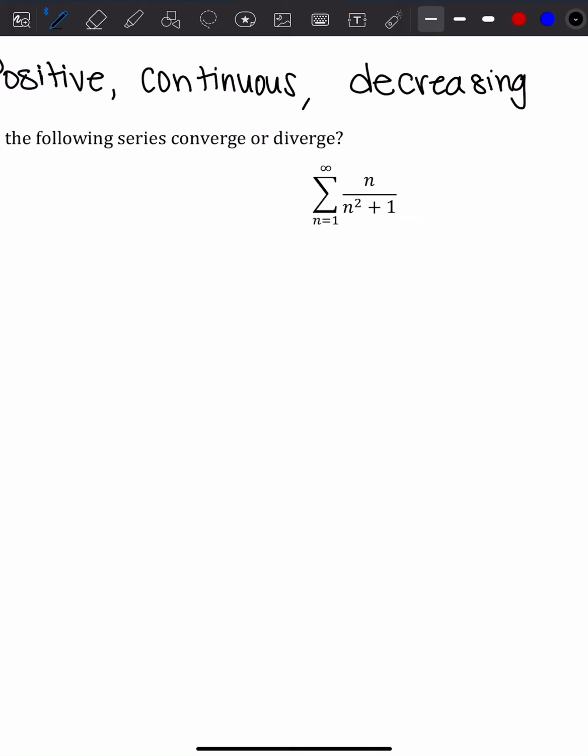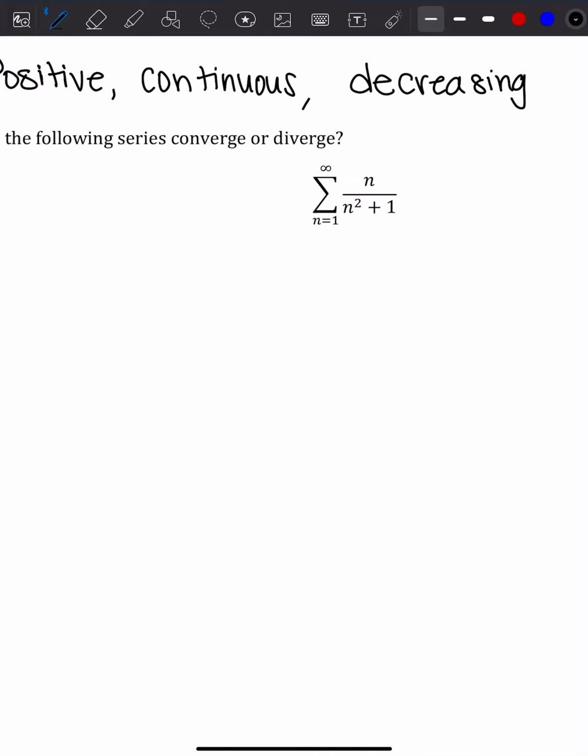We would take the limit as n approaches infinity, and if it did not equal 0, then we knew that it diverged. Here the limit goes to 0, so we wouldn't necessarily know if it converges or diverges. It's not in any of the forms that we need so far, so we have to try something else, and our something else is this integral test.